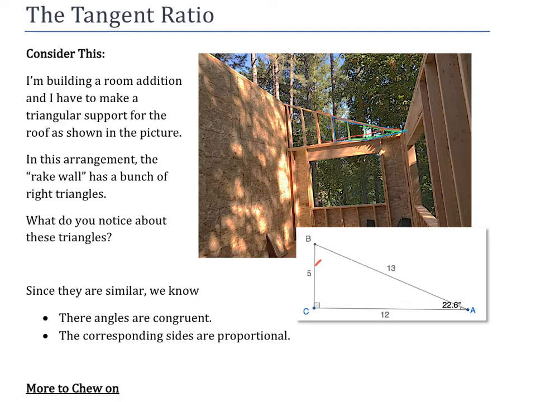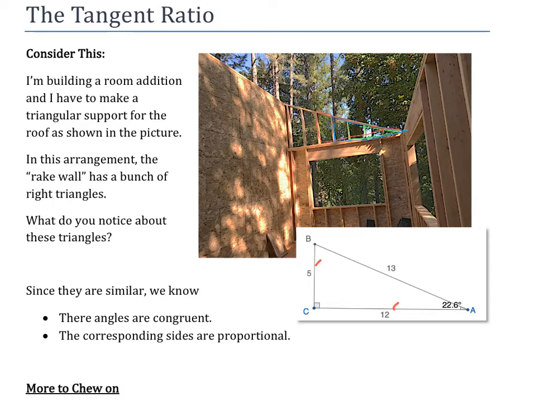If we go up 5 feet, we go over 12 feet. Or up 5 millimeters, you're going to go over 12 millimeters. Whatever unit, it doesn't matter. We're going to go up 5 for every 12 we go over. And we could use a little Pythagorean theorem, and it turns out that this is going to be a 13. So that's a really nice roof pitch because it's a Pythagorean triple.